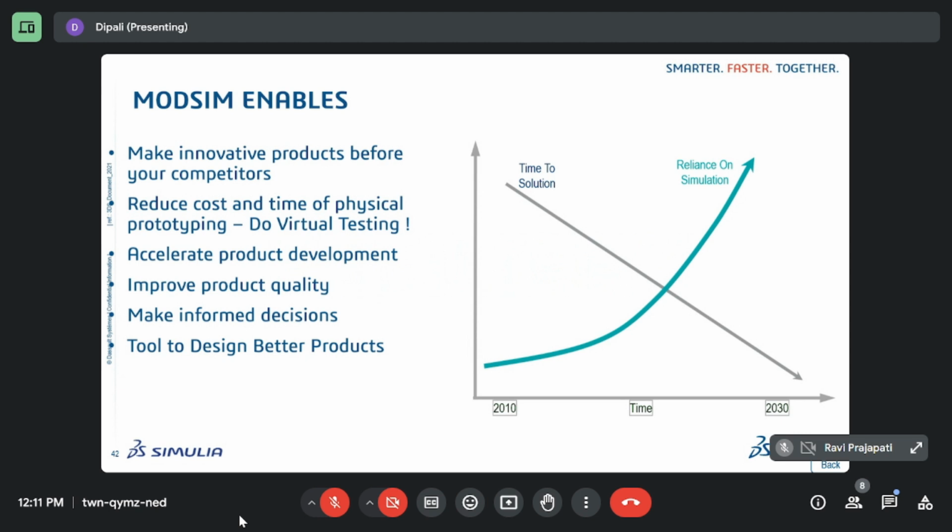So innovation needs to be accelerated, and we need to accelerate product development. That's why we need to rely on such a MODSIM platform, which leads us to enhance the product quality. There we can have various kinds of design exploration, which will help us to take a proper decision.